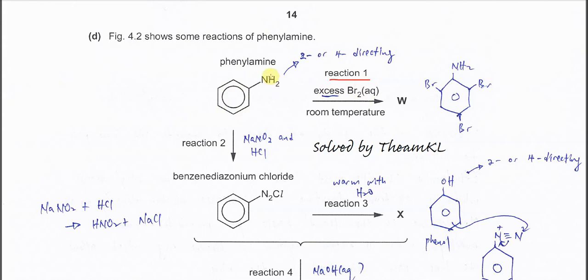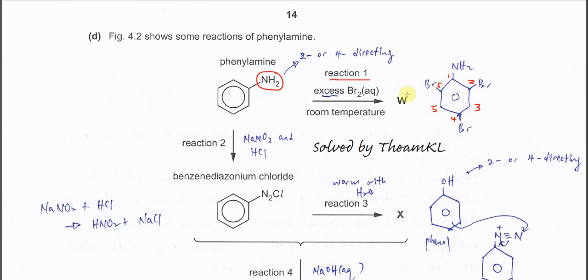First you need to know that this phenylamine, this amine group, is 2,4 directing. It means whenever there is a halogenation, this halogen will go to the 2, 4, 6 positions. This is the first, second, third, fourth, fifth, and the last one.